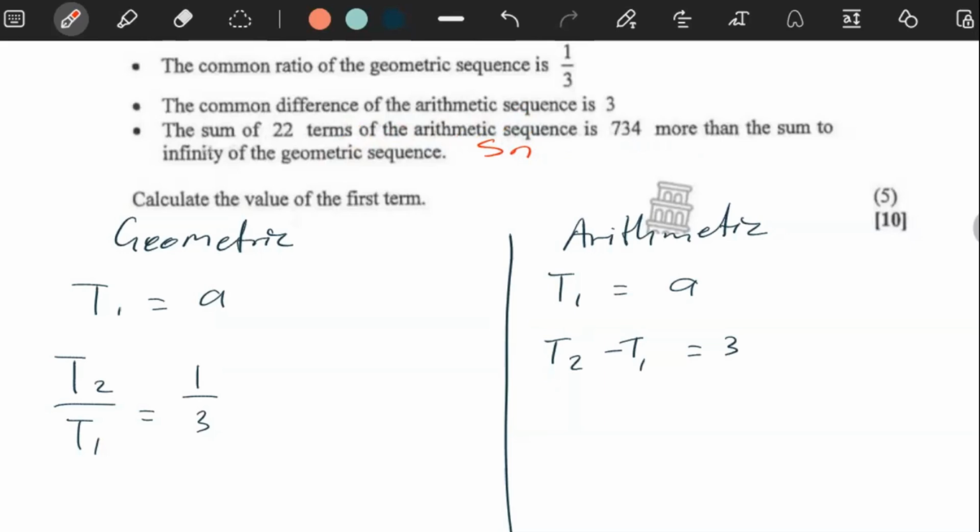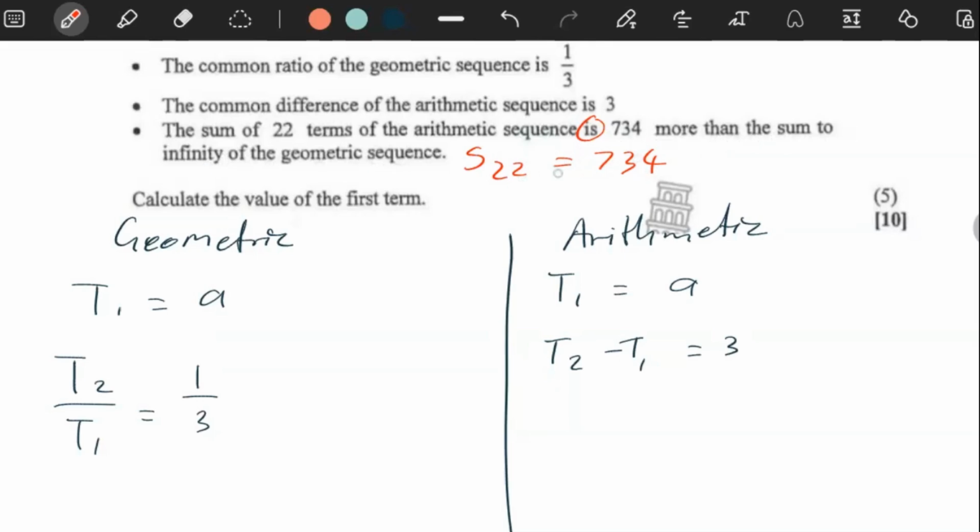They say the sum of 22 terms, meaning S22 of an arithmetic sequence is equal to 734 more than the sum to infinity of a geometric sequence.